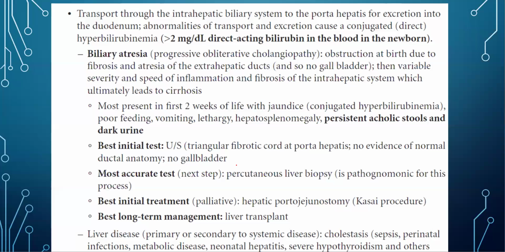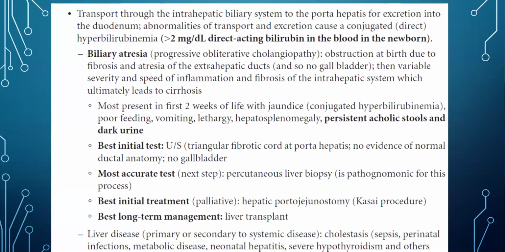Next, so far we know about unconjugated bilirubin and how it causes jaundice. Then let's say that the patient has got enough GT enzyme and unconjugated bilirubin has become conjugated.